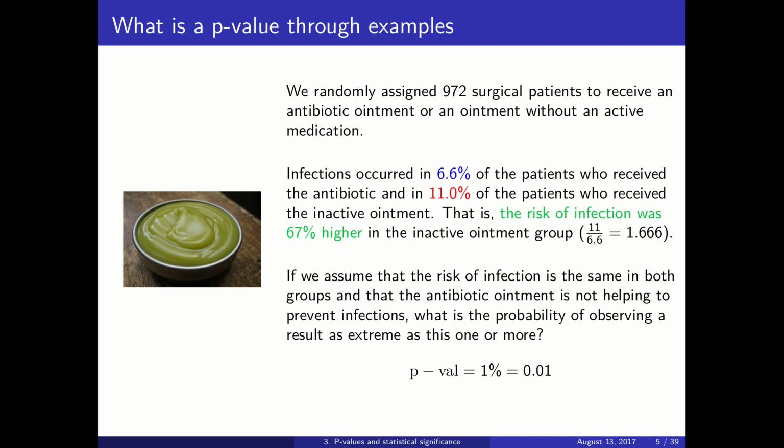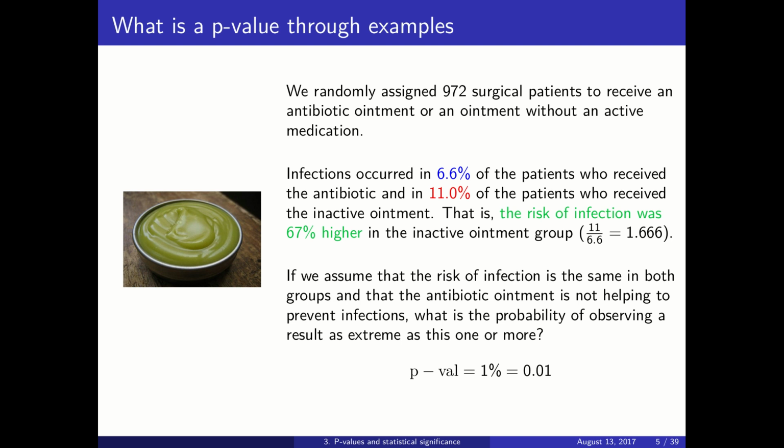So the risk of infection is 67% higher, and this 67 comes from the ratio of 11 divided by 6.6. When we compare the two groups, we don't show how to do this calculation, but you can imagine it follows more or less the same philosophy as the one with the coins.